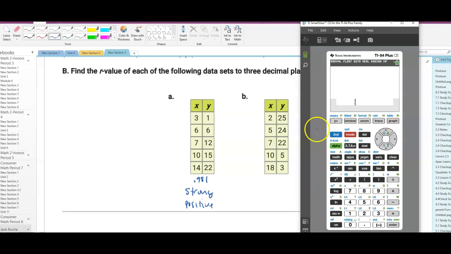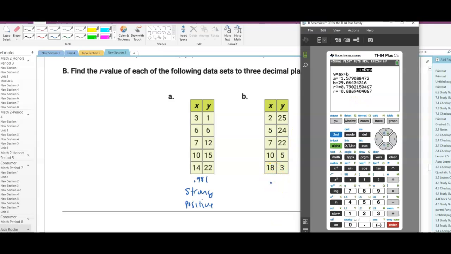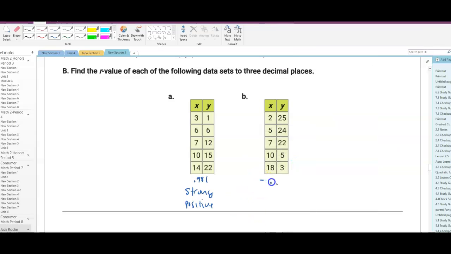So let's go. Stat, arrow over for calc, choose number 4, enter, enter, enter, enter, enter. And if I look, my R value is 0.89. So that's negative 0.89, sorry. Negative 0.89. So that means it's a strong negative correlation.